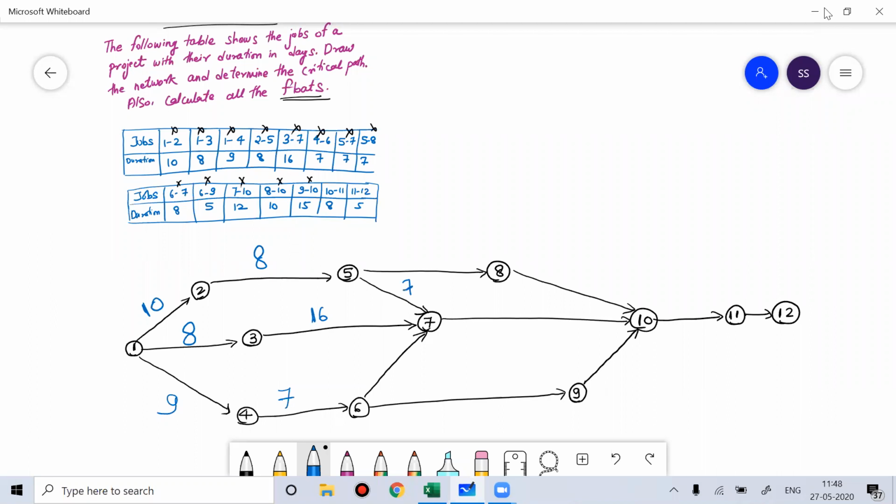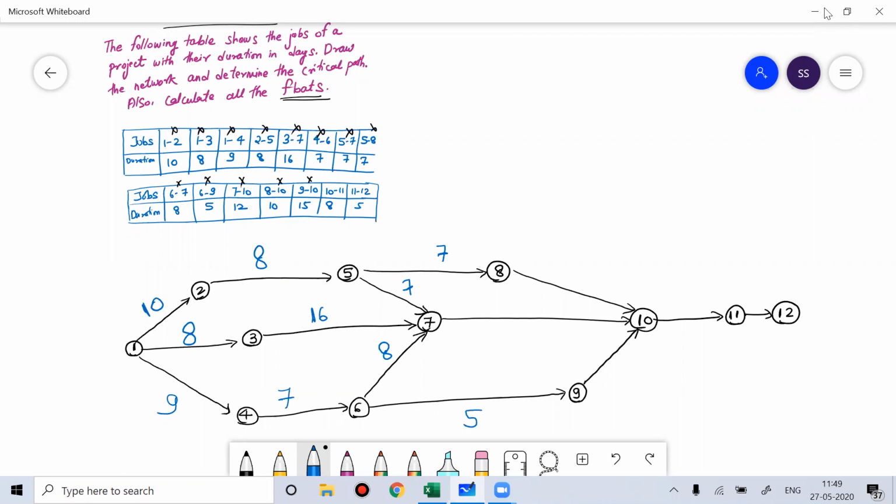And then 5 to 8, the time is 7. 6 to 7, the time is 8 units. 6 to 9, the time is 5 units.